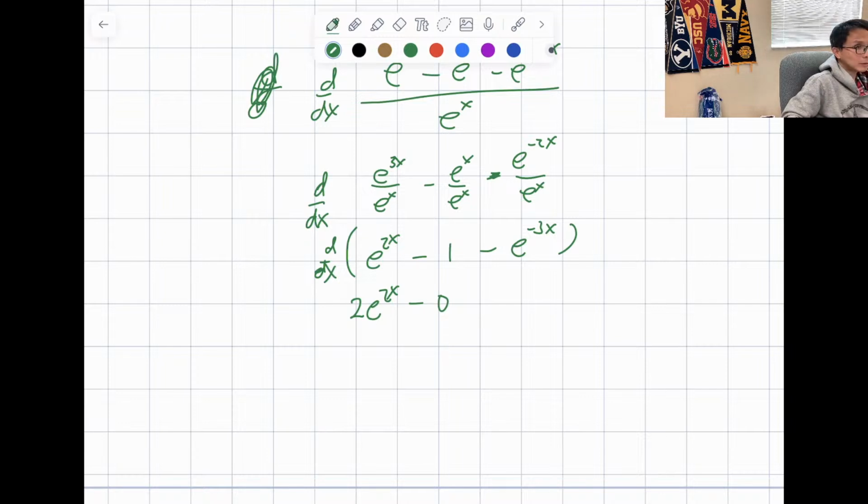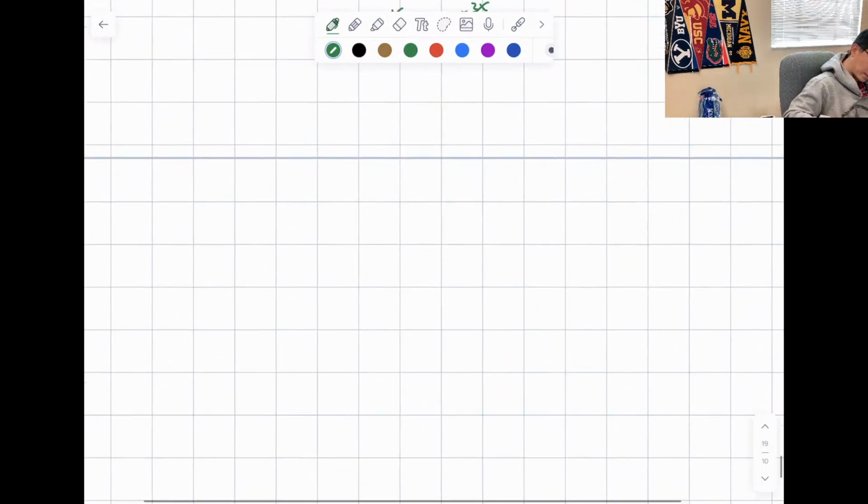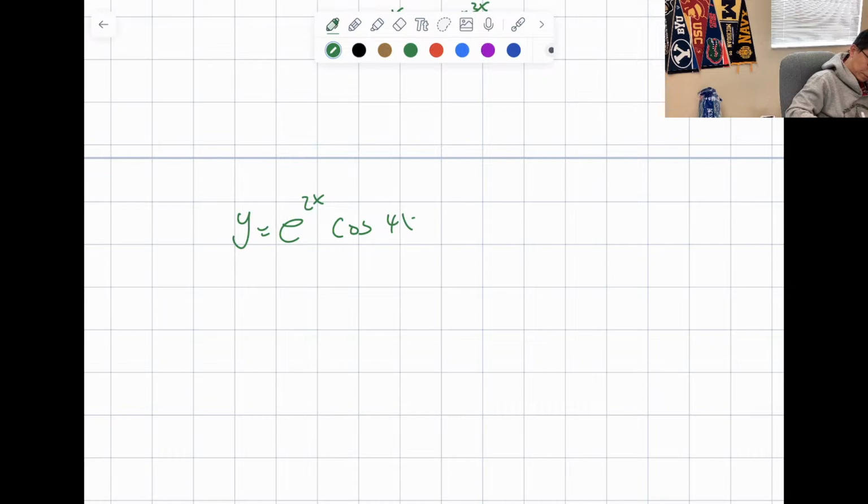Malin? And that's it. 2e to the 2x plus 3e to the negative 3x. And you just take a derivative like this. Okay, I'm going to ask you to take a derivative of this. Be careful.